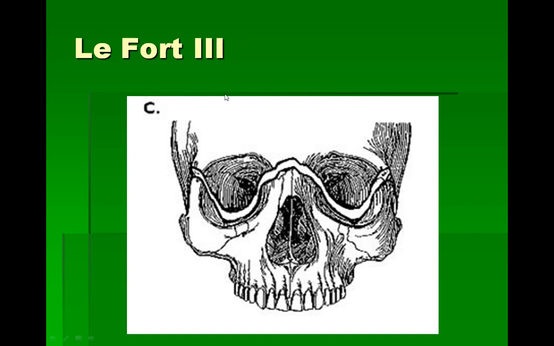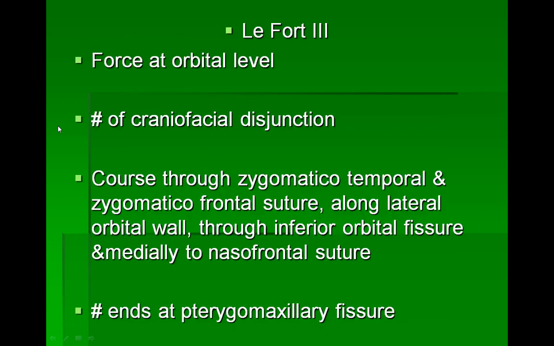This is Lefort 3 type of fracture. Craniofacial disjunction. This is frontal, zygomatic, nasal. Again, this is frontal bone. This is maxillary bone. This is maxillary bone. And this is separated. The whole midface is separated from the cranium.